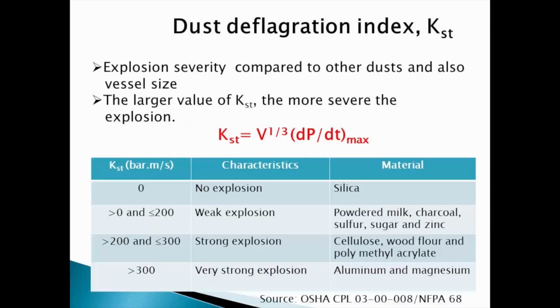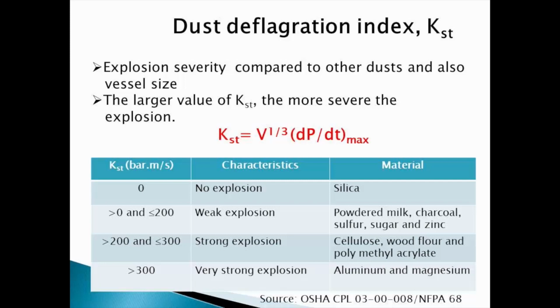Dust Deflagration Index, or KST. It measures the relative explosion severity compared to other dusts. During a dust explosion, more energy will be liberated if the severity value is higher. Rates of pressure rise are dependent on the volume in which the explosion occurs.